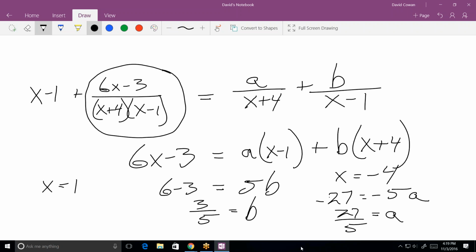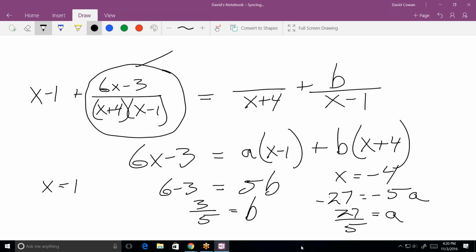In fact, what it may have been was this as a partial fraction problem all on its own. I think that's what it was. In other words, this was a little different. This was, you got this remainder after doing the long division, and then you still have to apply the partial fractions.